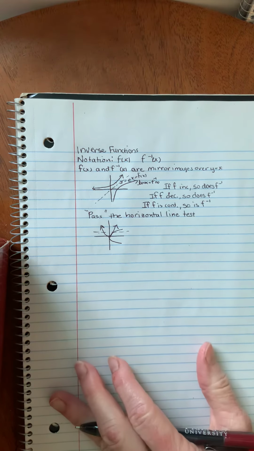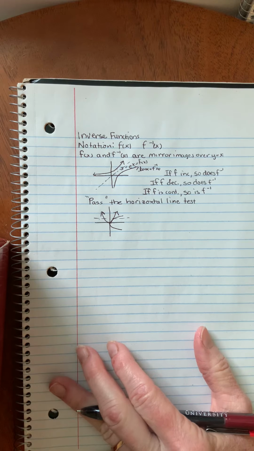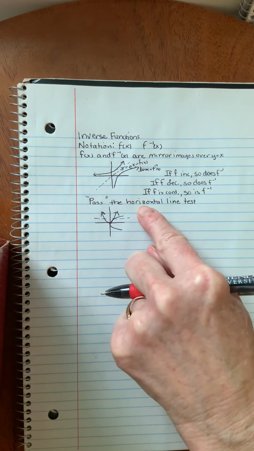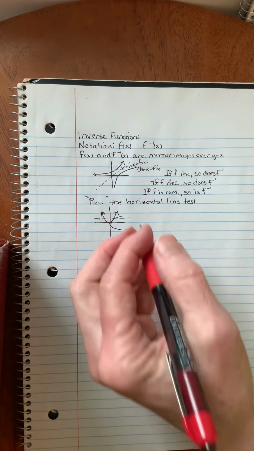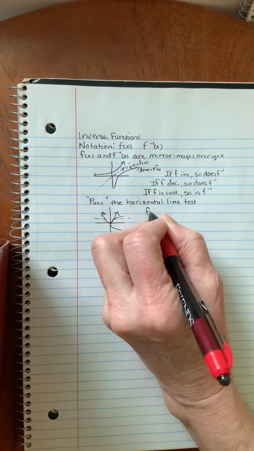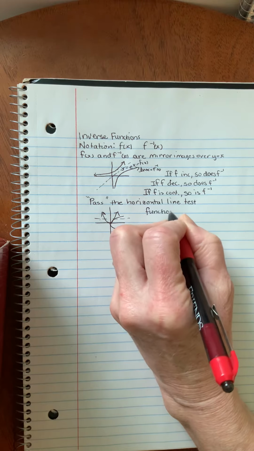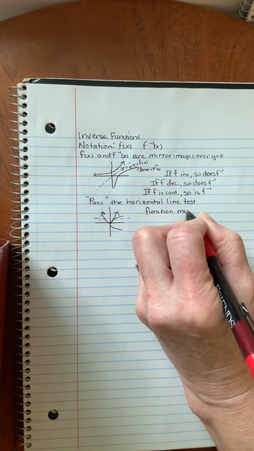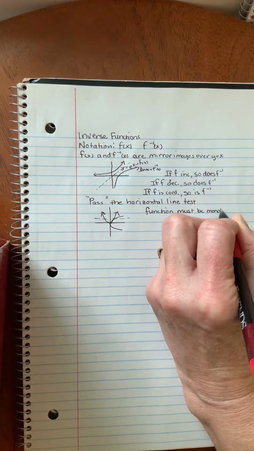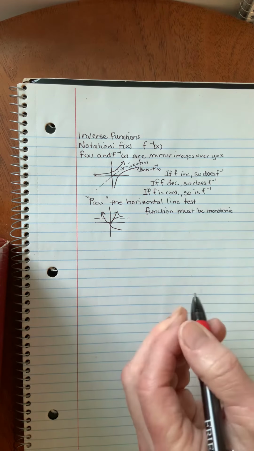Now in calculus, we've got a little bit nicer way to talk about that. And that is, in order for something to pass a horizontal line test, the function must be monotonic. Now what does that mean?